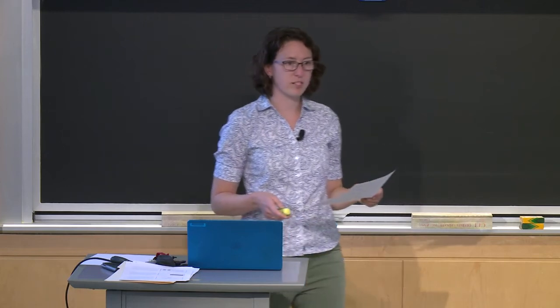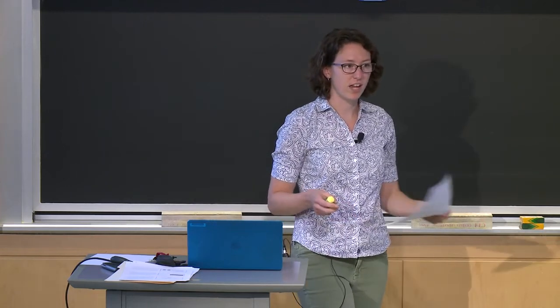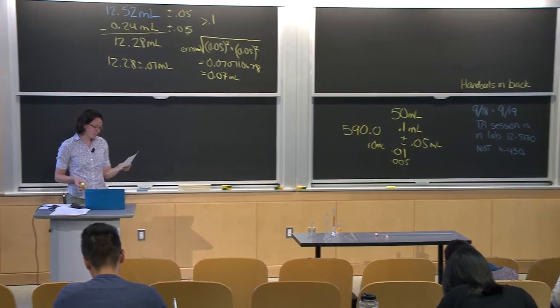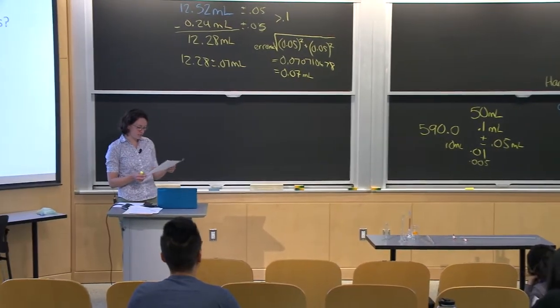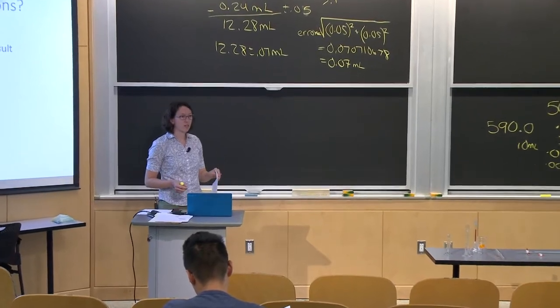And we'll just do it for the first trial, and then if you want to have more practice, you can do it for the others afterwards. So if we're going to set up this calculation for the concentration of the HCl solution, where would we start?